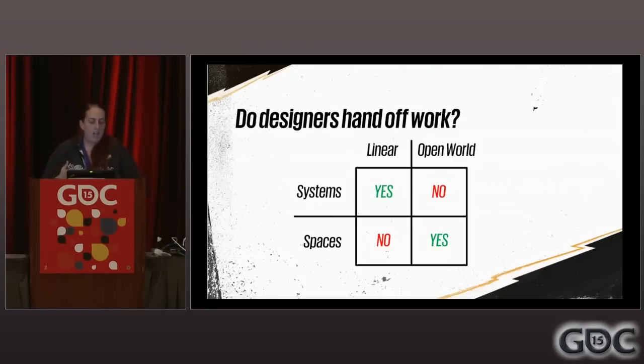But in an open world game, you still had an owner, but no one else but the owners were really implementing that system. And then with spaces, it's the other way around. In a linear game, no one else is implementing a space except for the designer who owns it. But in open world, you have several owners implementing in the same space together. So that's how workflow worked in Sunset Overdrive.